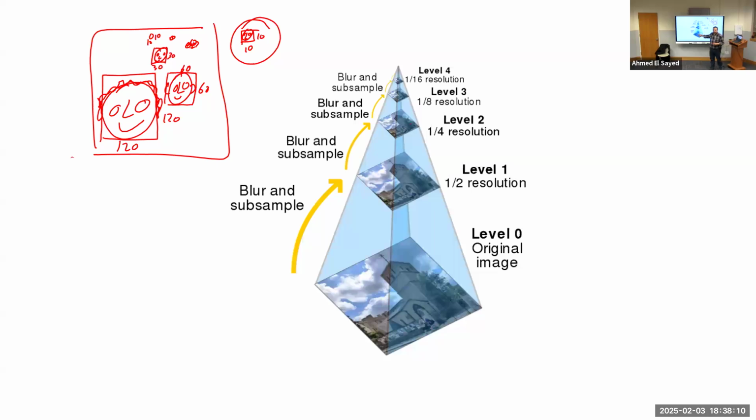That's why we call it a multi-scale pyramid, because it can provide versions of the images or the components or the objects inside the image at different scales. And this is one of the most important techniques we use in computer vision and image processing.